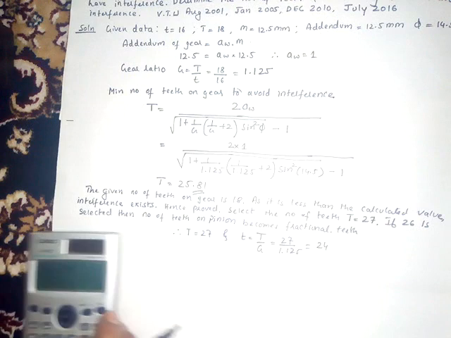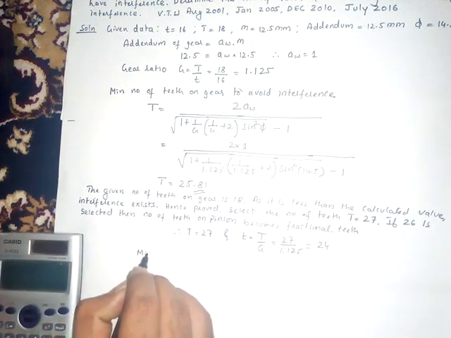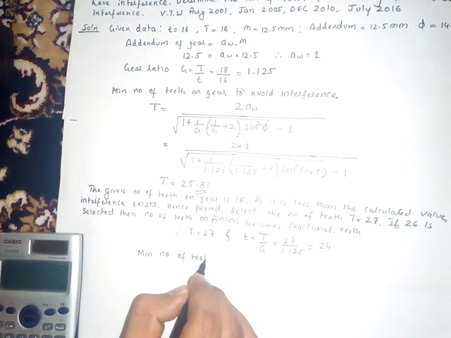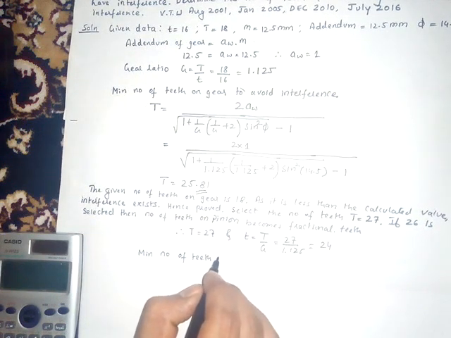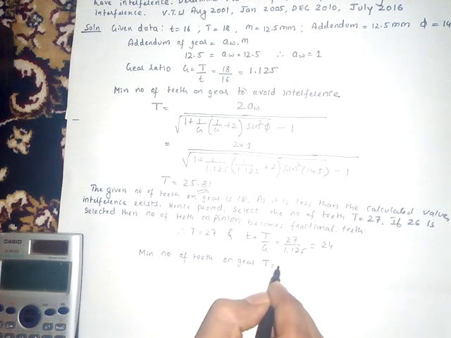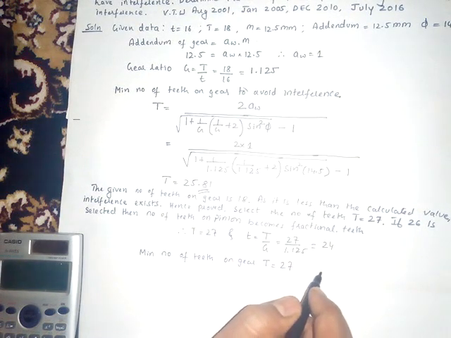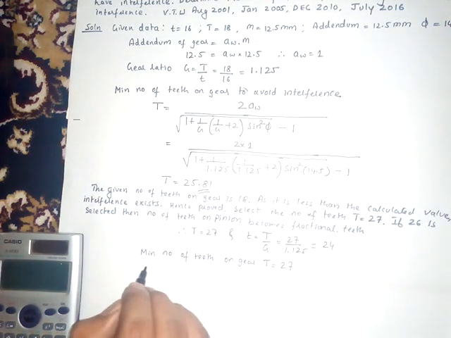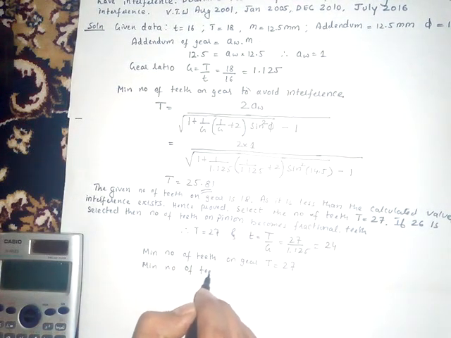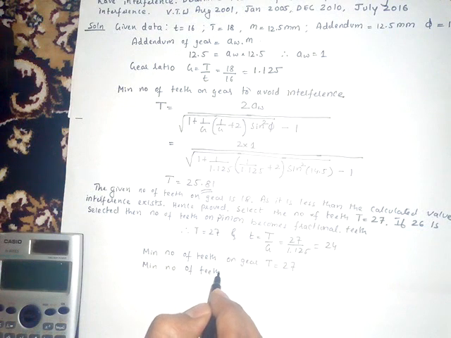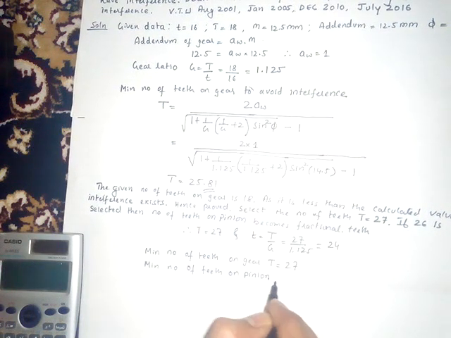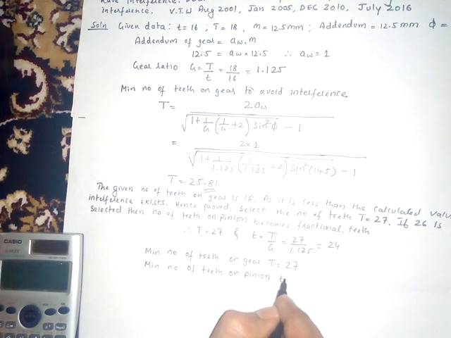So minimum number of teeth on gear, capital T, is 27. Minimum number of teeth on pinion, small t, is 24.